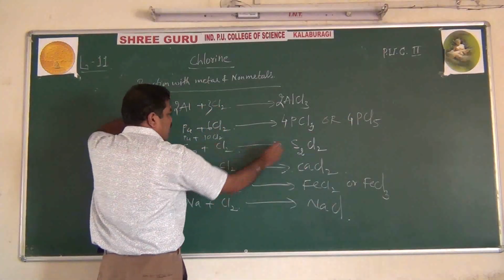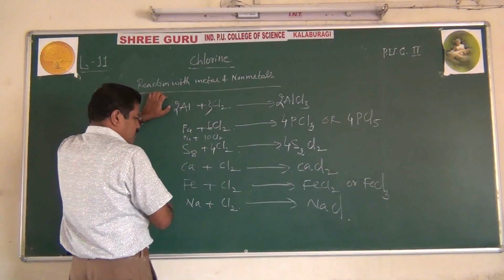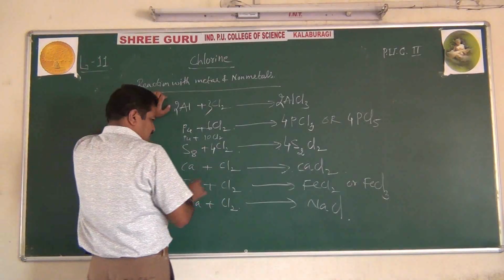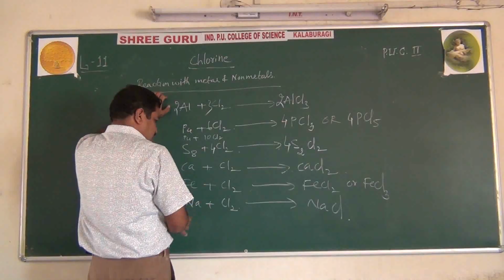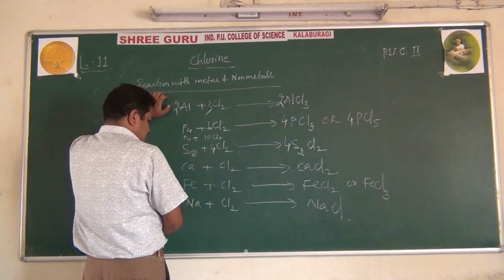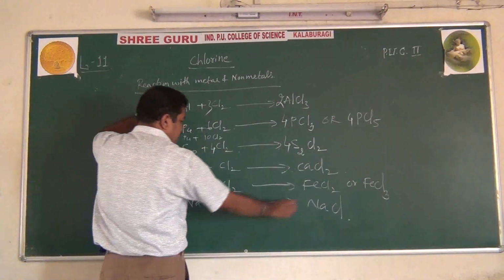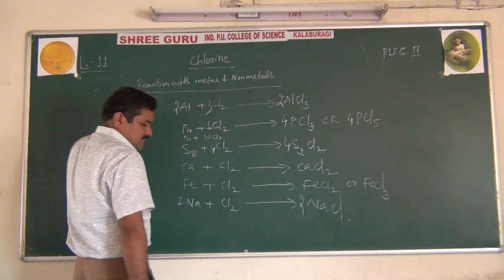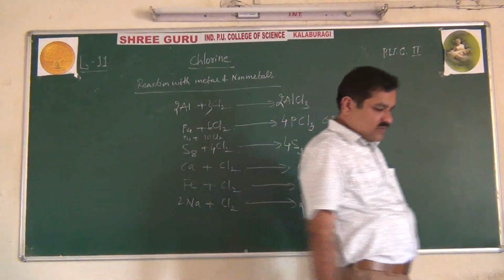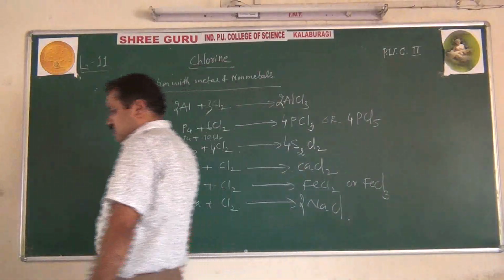Calcium chloride balanced, ferrous chloride also balanced, ferric chloride, we just 2Fe plus 3Cl2 will get 2FeCl3. And sodium chloride, 2Na plus Cl2 gives 2NaCl. Like this is also important. That means chlorine reacts with metals and non-metals to form the respective halides, that is chlorides.